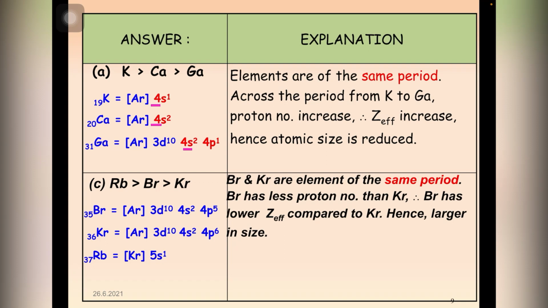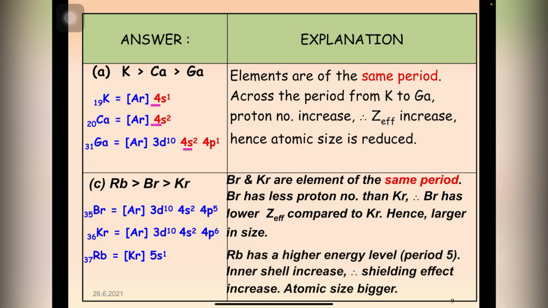It shows that krypton has more protons compared to bromine. So bromine has a lower effective nuclear charge compared to krypton, and bromine has a larger size compared to krypton.